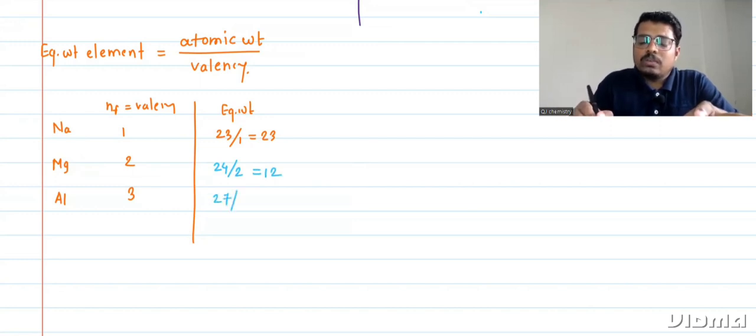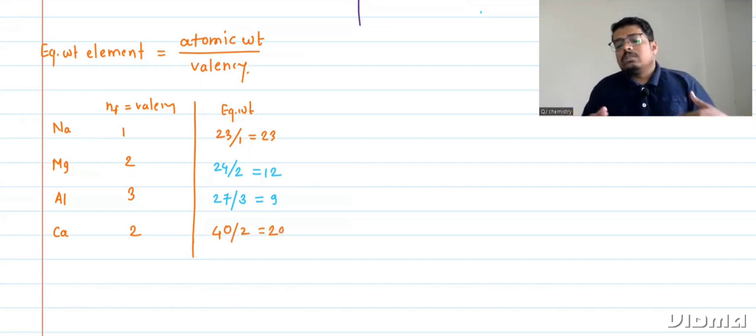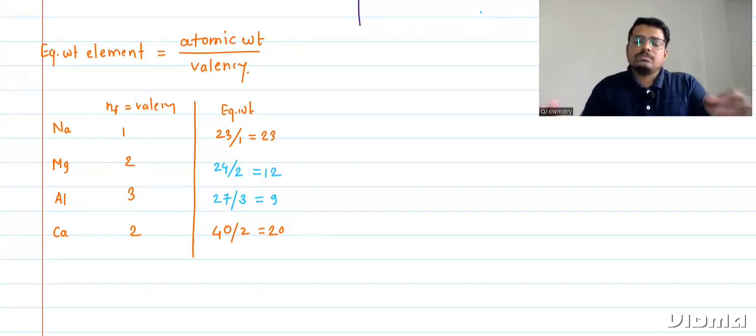Aluminium atomic weight 27, its valency is 3 because 3 electrons are there in the valence shell, equivalent weight becomes 9. And in case of calcium, 2 electrons in valence shell, so atomic weight 40, 40 by 2 is 20. Okay, so by directly using the formula, we can easily calculate the equivalent weight of an element.